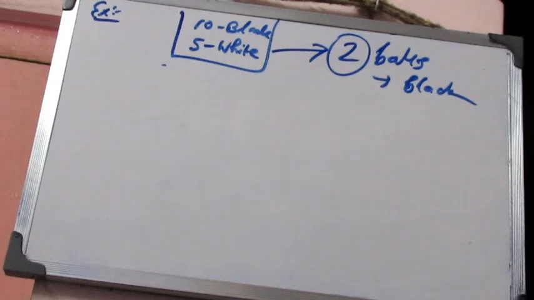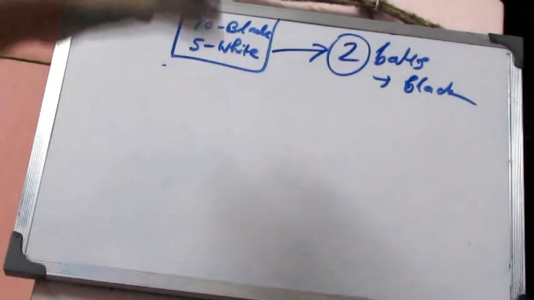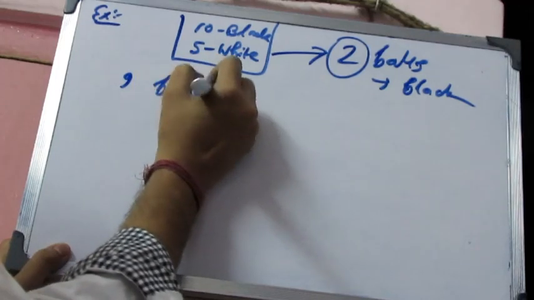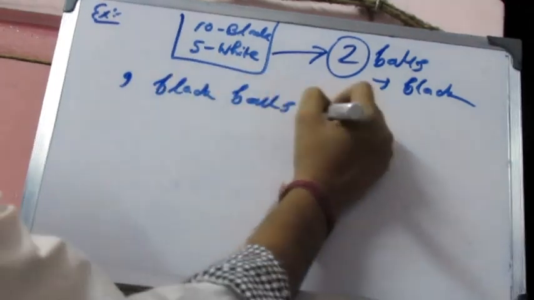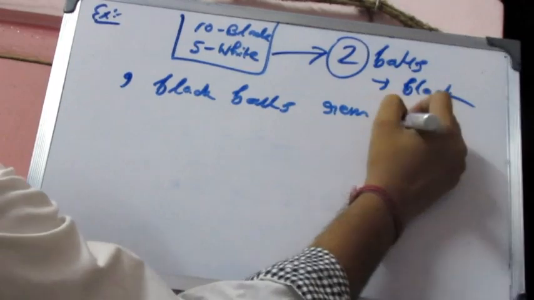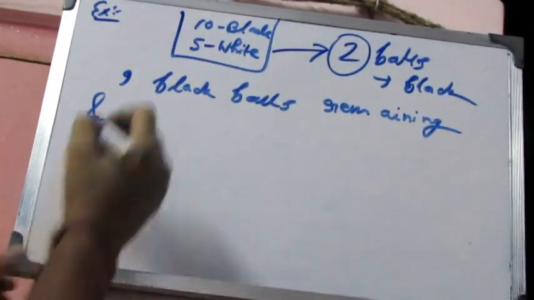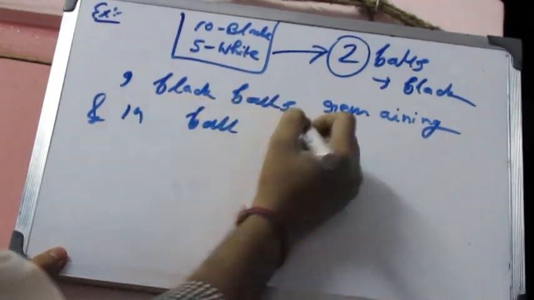After choosing a black ball, we have 9 black balls remaining, and in total we have 14 balls remaining.